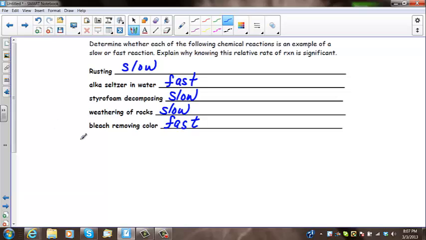So why is knowing the relative rate of a reaction significant? Well, basically, rates of reaction determine everything from an explosion to how effectively you digest your food.